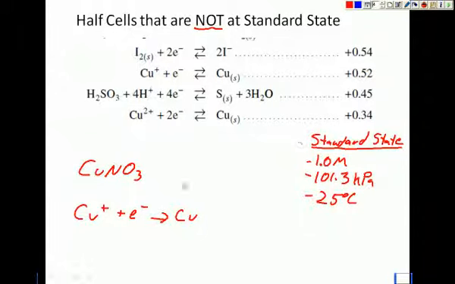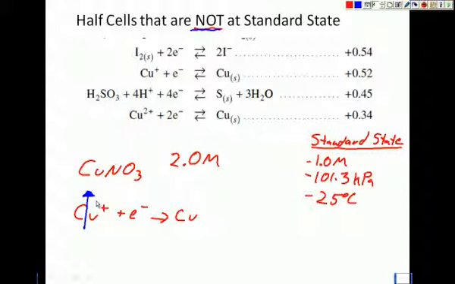Now if we change it so it's no longer at standard state, then like maybe we increased it to 2.0 molarity.